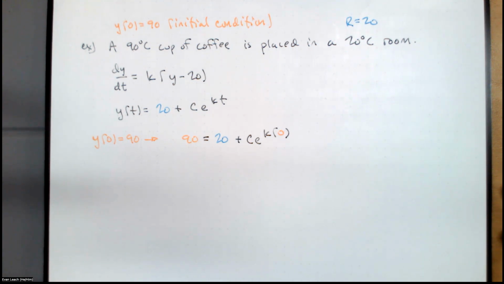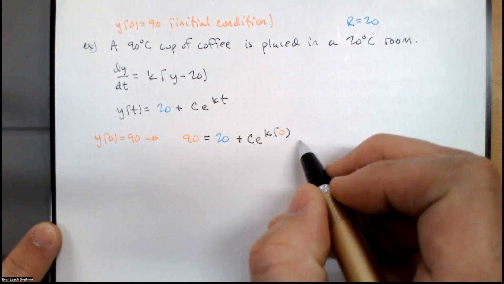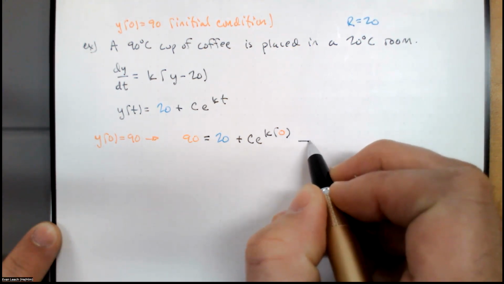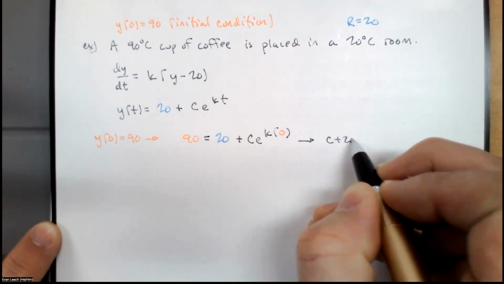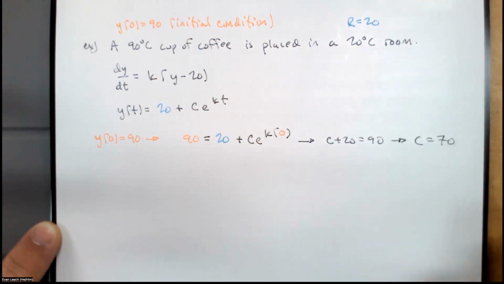The coffee was initially 70 degrees more than the room temperature. The e to the k times 0 is 1. So this just says c plus 20 is 90, so c is equal to 70.